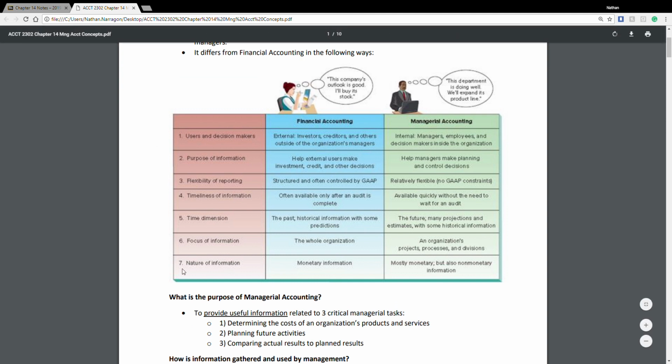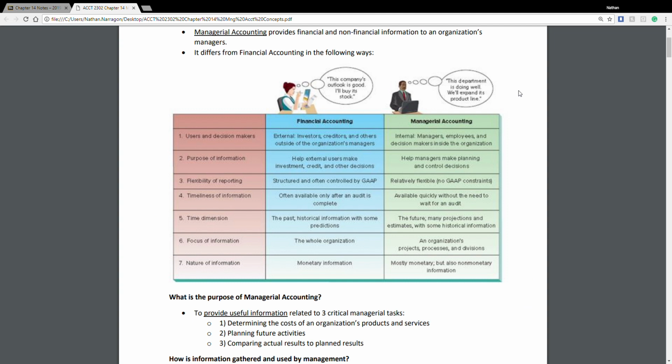I love this graphic, because there's probably going to be certain things you get asked on a test or a quiz pretty easily right here. The big things are users and decision makers. Again, external for financial, internal for managerial.